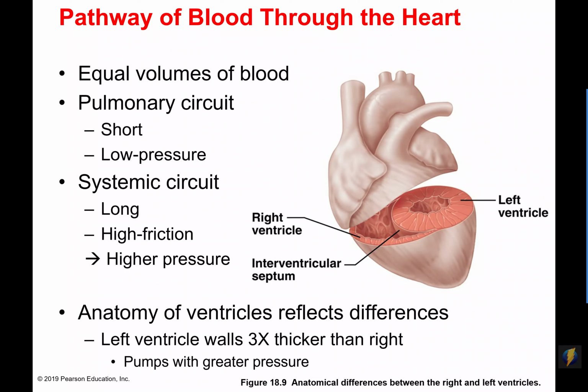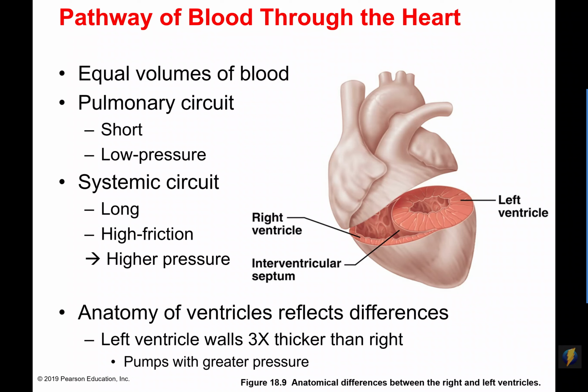But all the blood that comes into the right side of the heart and goes out to the lungs, then comes back to the left side and goes out to the body, is the same volume of blood. Even though the left ventricle is bigger, all the blood that is pumped by the right side of the heart is also received and pumped by the left side of the heart. However, there are differences in the circuits themselves.